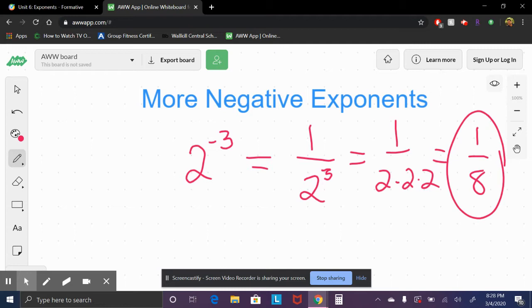All right. You're going to see other types of negative exponents in this lesson, such as maybe you have a fraction that has a negative exponent, or you have a negative exponent on the bottom of a fraction.